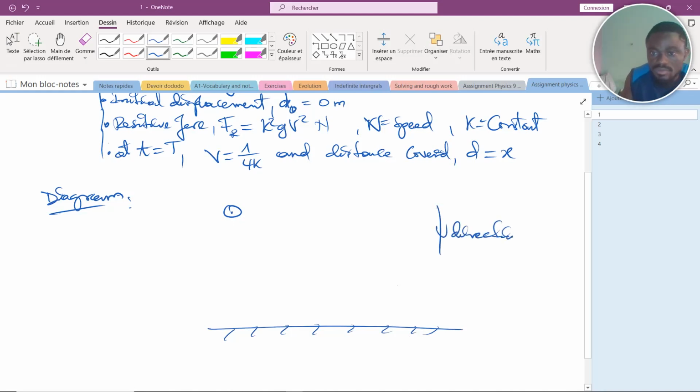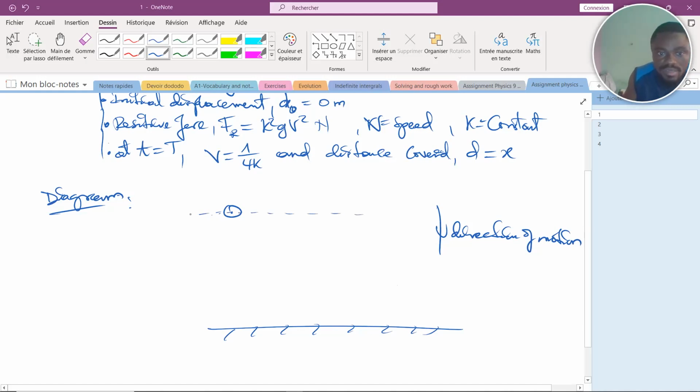And I told you, whenever you know already your direction of motion, you have to do what? To orient your axis. And I told you, how do you orient your axis? Always orient the positive axis in the direction of motion. So this is where the particle starts the motion. Let me draw dotted lines like this.